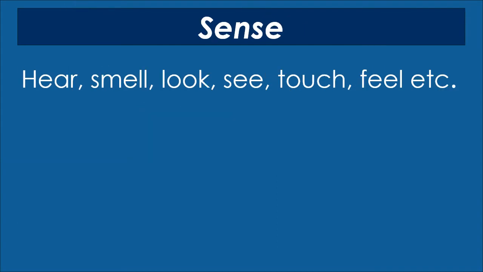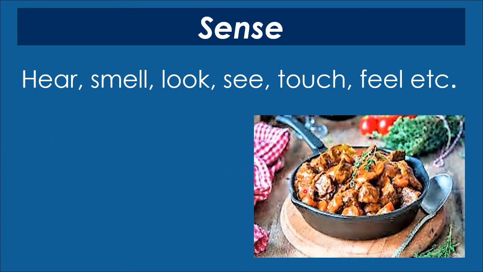Okay, the sense verbs: hear, smell, look, see, touch, feel, etc. These are the sense verbs. They refer to our senses. Look at the picture. It's the picture of food.